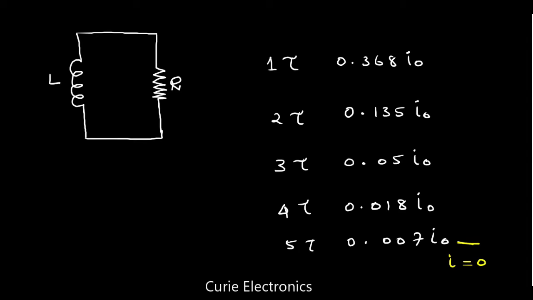So after 5 time periods, the inductor is completely discharged. The energy has decayed completely. For all practical applications, we can consider that after 5 time periods the energy has completely gone, dissipated through this resistor.